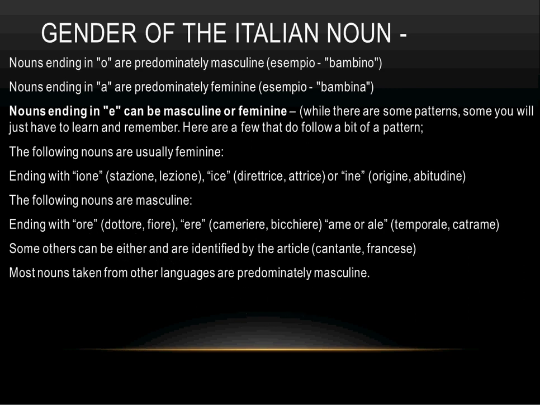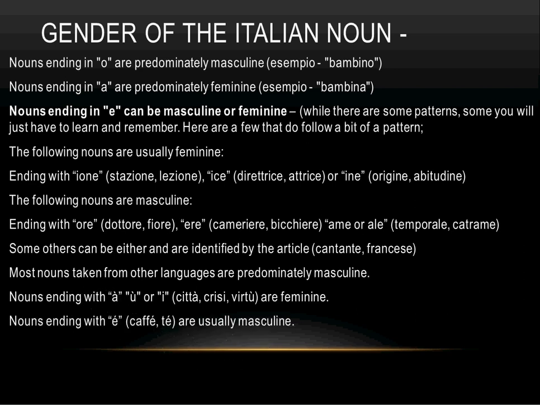In addition, most nouns taken from other languages are masculine. Nouns ending with à or ù or i, such as città, crisi, virtù, are feminine. Nouns ending in é, such as caffé or té, are usually masculine.